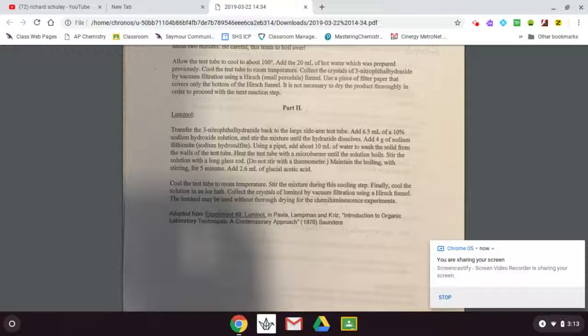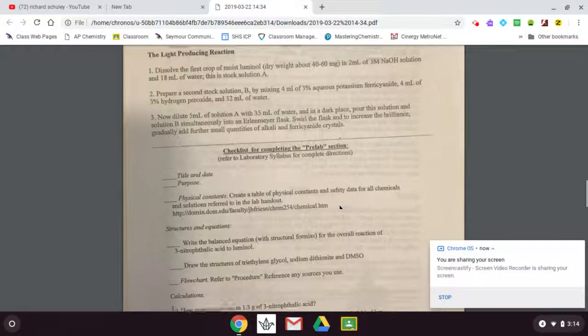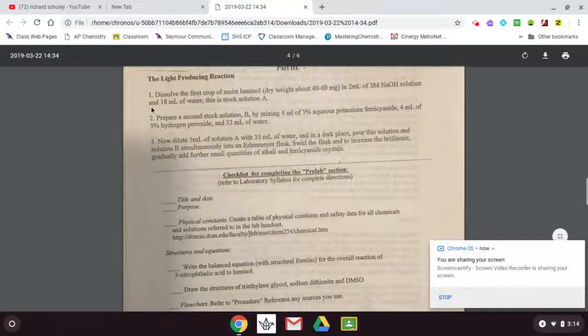And then you go on to the actual production. So then what you do at that point, this is your light producing reactions here. You're going to dissolve your first crop of your luminol, and you just weigh out about 40 to 60 milligrams of what you made.